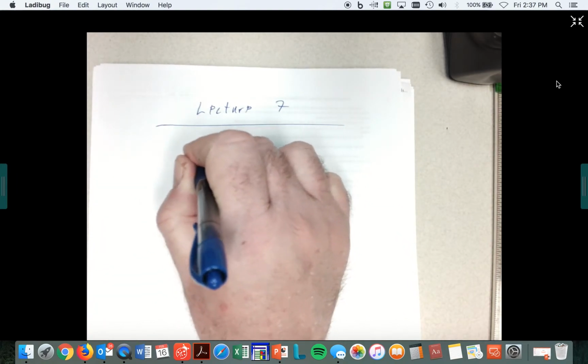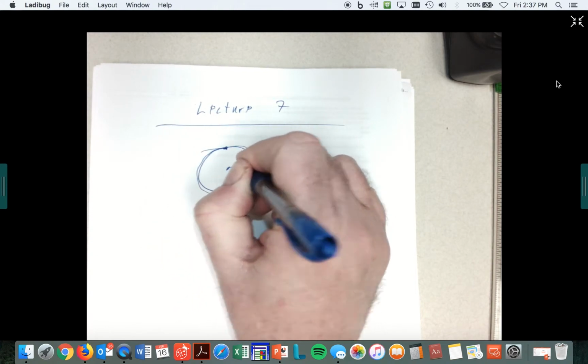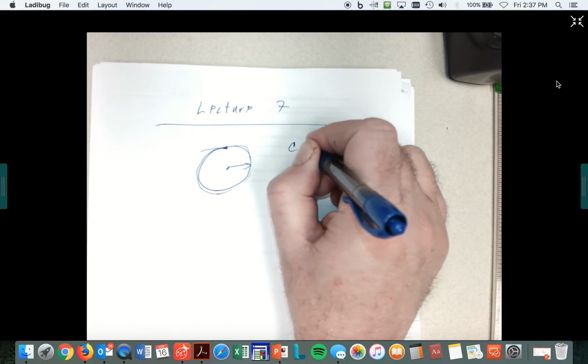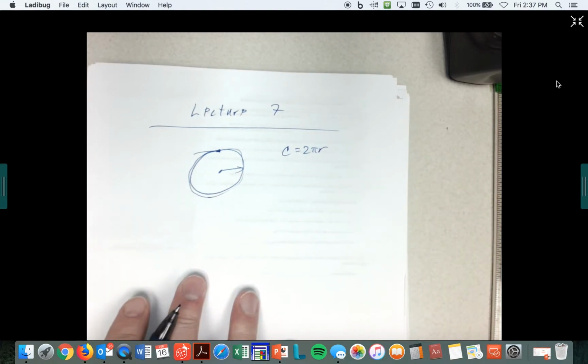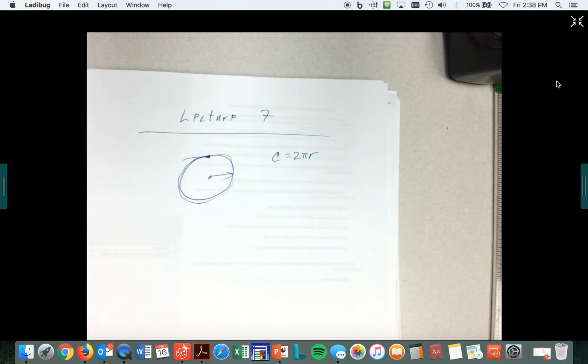So if we're going around in a circle, if we make a complete trip around this circle at a constant speed, we know the circumference is equal to 2 pi r. Okay, where we're using degrees and radians.